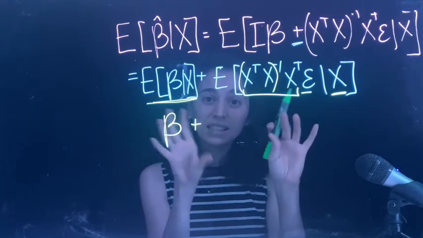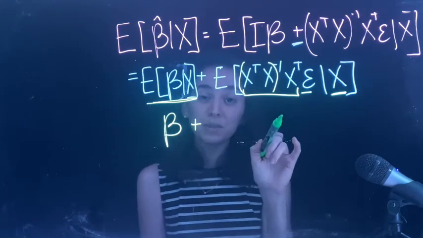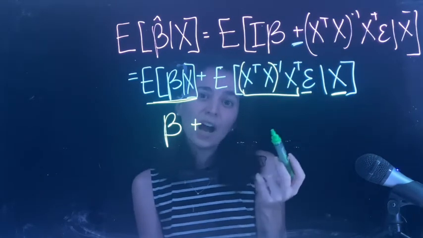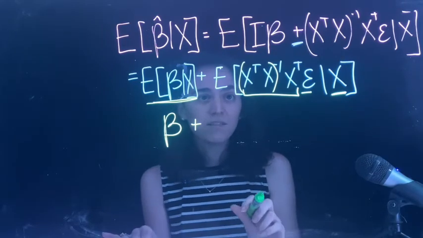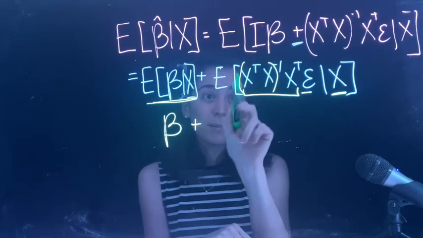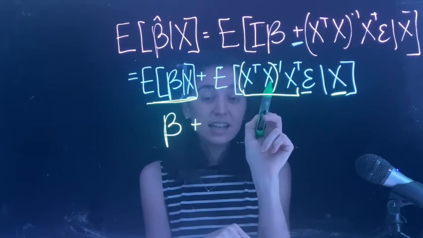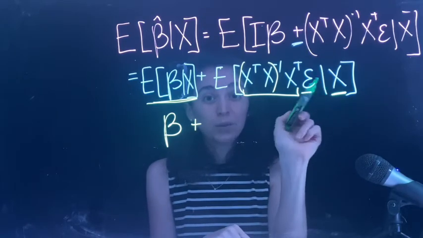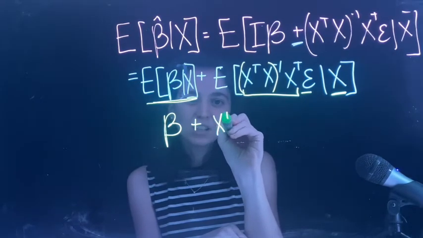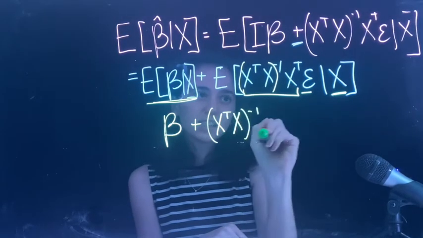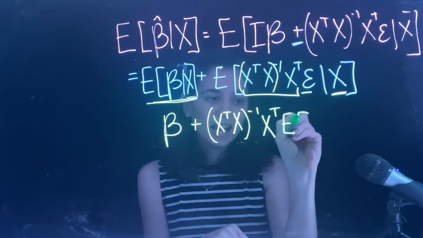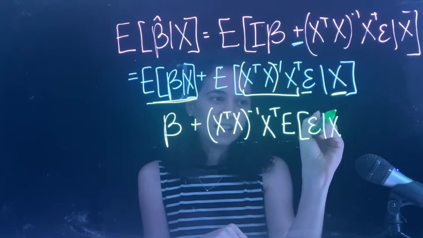Unlike with addition, you don't want to pull the expectation through multiplication unless you're dealing with a constant or some other situation we might talk about in the future. So that would not be the correct reasoning. The reason we can pull these out is that they're constant, because we're conditioning on x. So (x transpose x) inverse x transpose come out of the expectation, and I'm left with just the expectation of epsilon given x.